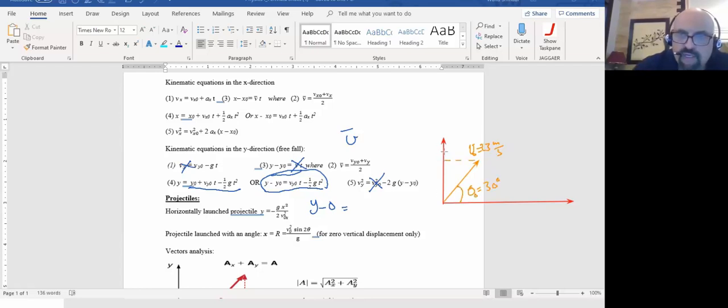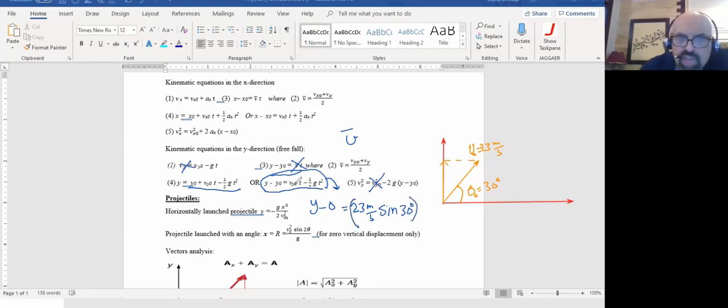The projection on the y-axis will be the y component of the initial velocity, and it will be 23 sine 30 degrees because it's the opposite to the angle. So we're applying this equation here. So V0y will be 23 meter per second sine 30 degrees.